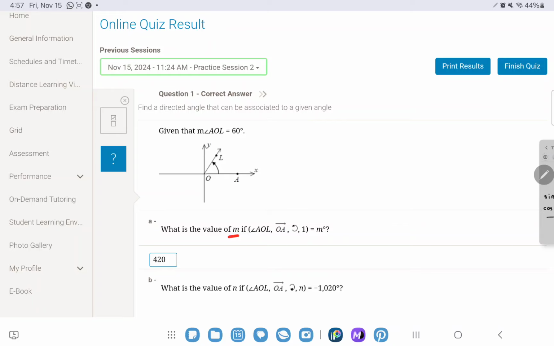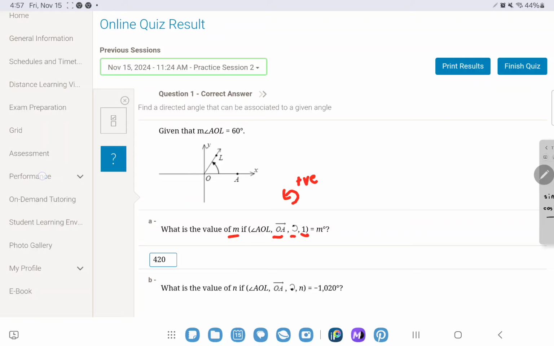So what's the value of m if your angle AOL, around segment OA, is turning counterclockwise, which means positive, one turn?